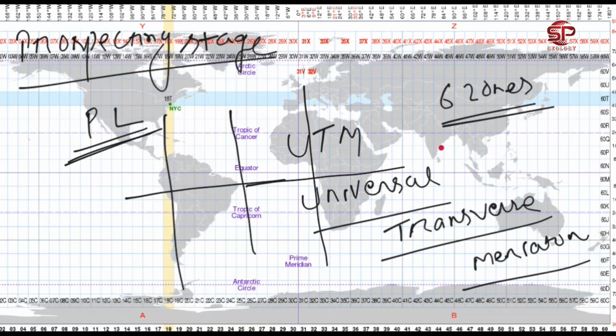During the survey you will prepare a map representing latitude and longitude, and that map is projected on this map to know the exact position of the deposit.